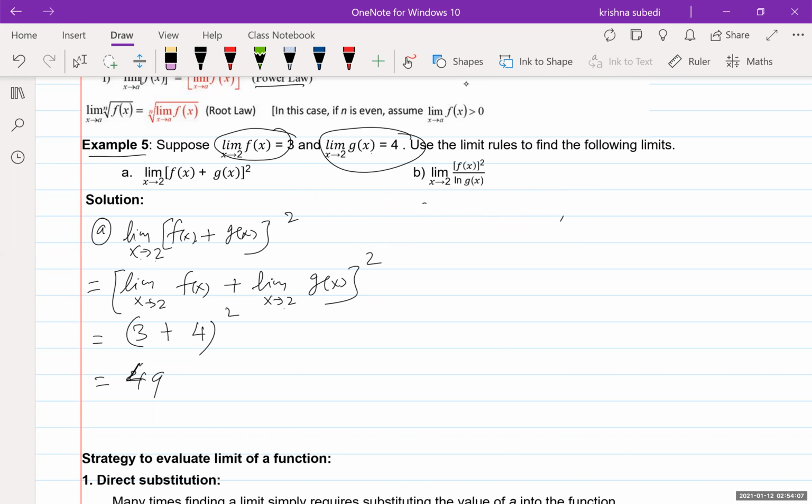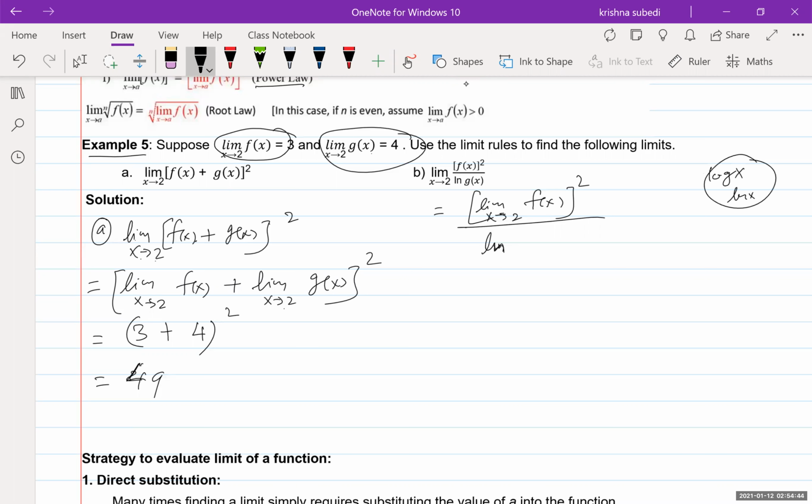Now let's try part B. Again, what you can do is write that limit with the function, and then the limit with this function. ln means logarithm, natural logarithm. You know log x, you know ln x, right?